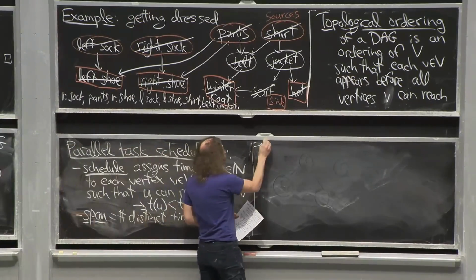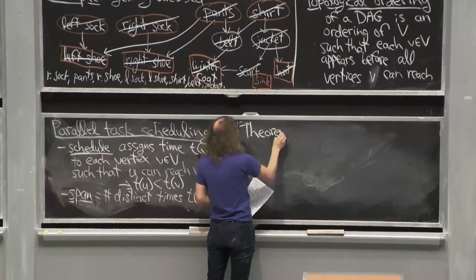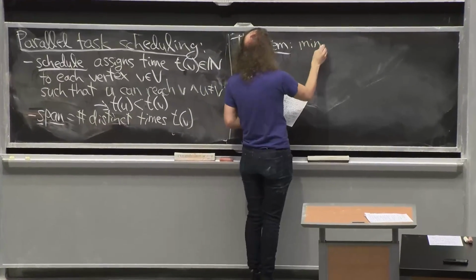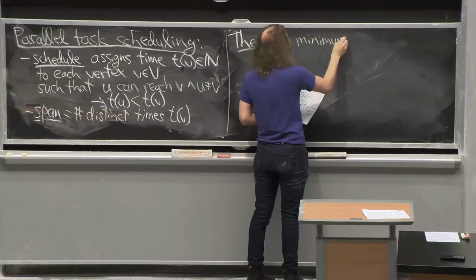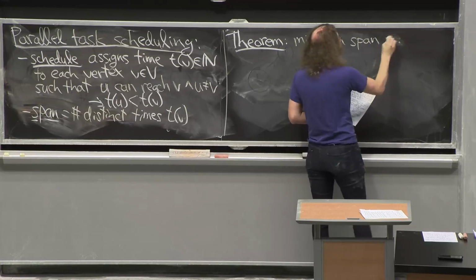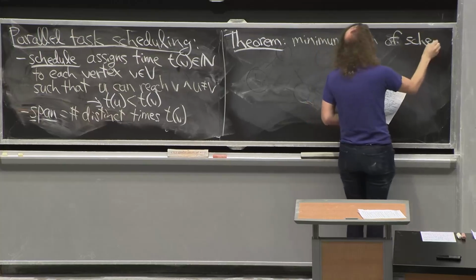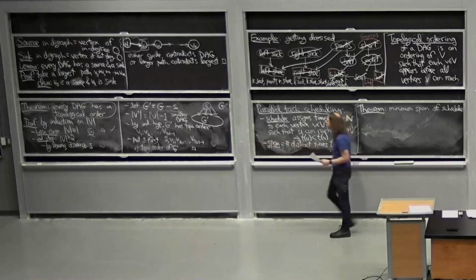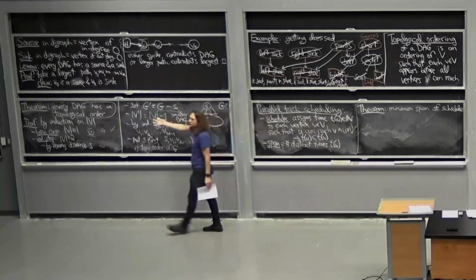And now, there's a nice theorem. It says the minimum possible span of any schedule... So certainly a schedule like this exists, right? We could do the one given by the topological order.